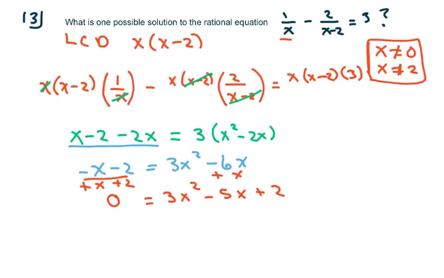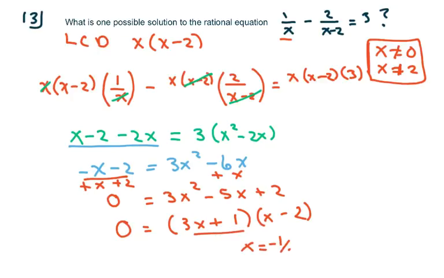Now, let's see if we can factor this. We have 3x and x. We have to have 2 and 1, so we put the 2 here because that gives me a 6. That's going to be negative, positive 1. So the solutions are, for this one, x equals negative 1/3.